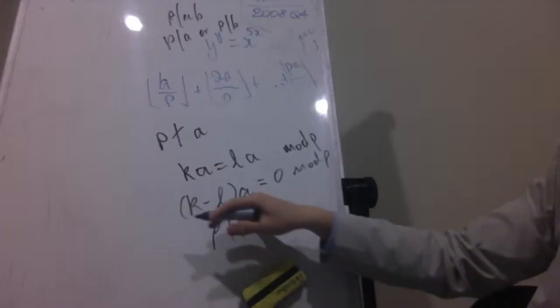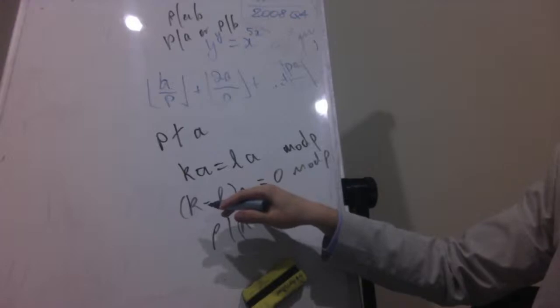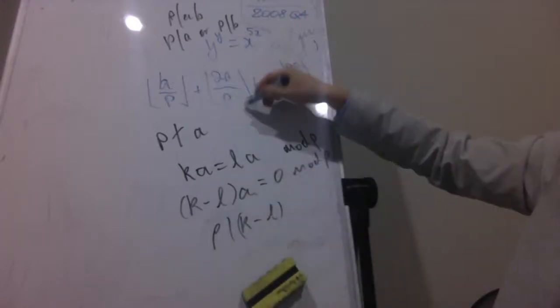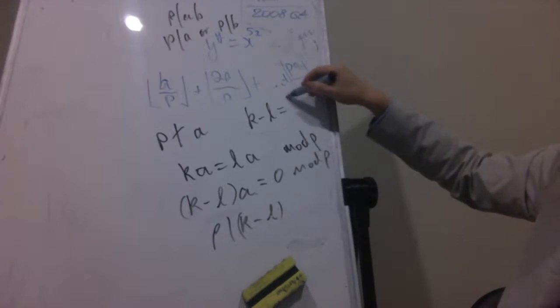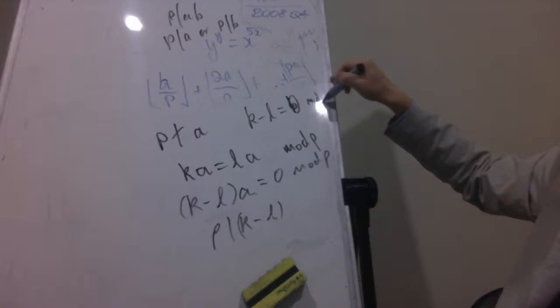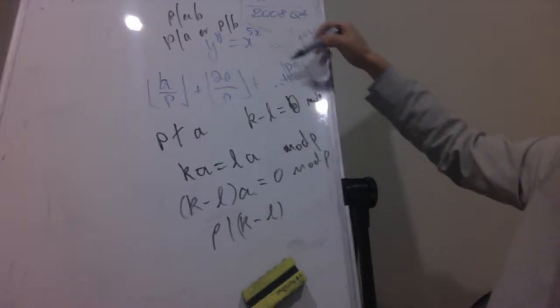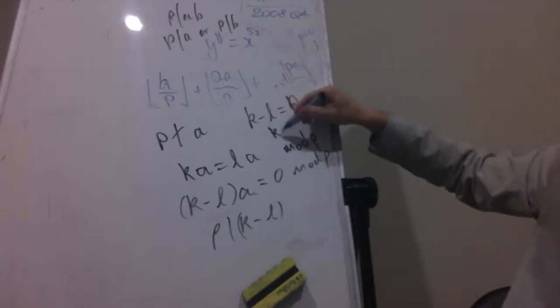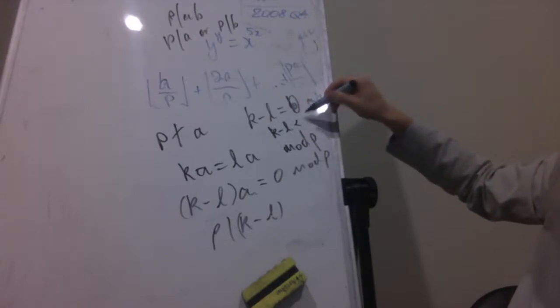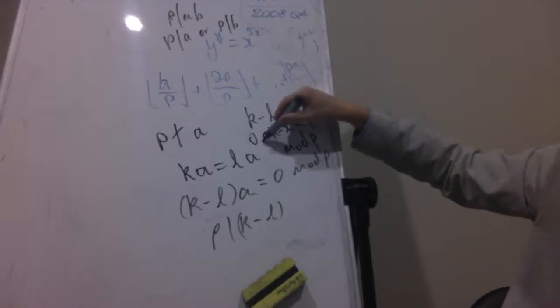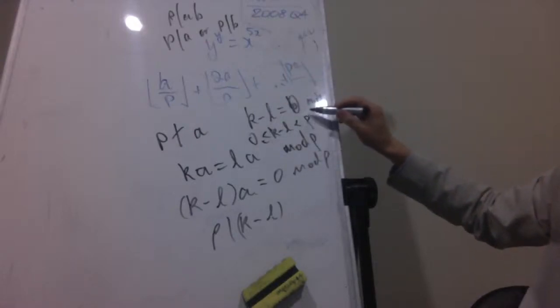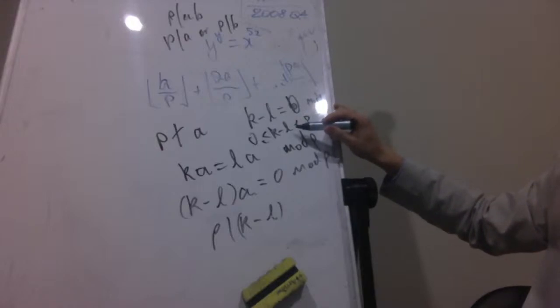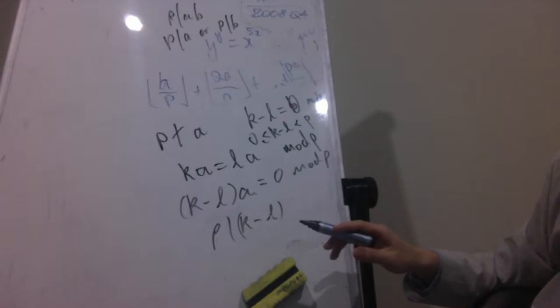So if it divides this and it doesn't divide A, it has to divide K minus L. But K and L are both between 1 and P, so K minus L has to be less than P and bigger than 0 in size. The only multiple of P in this range is 0, so K has to equal L.